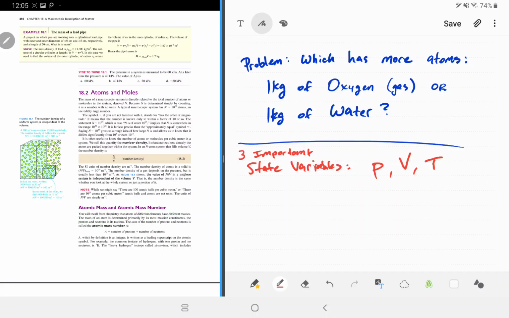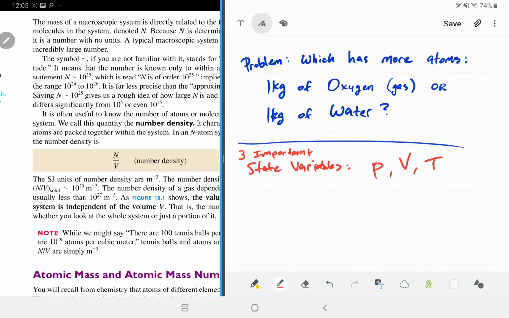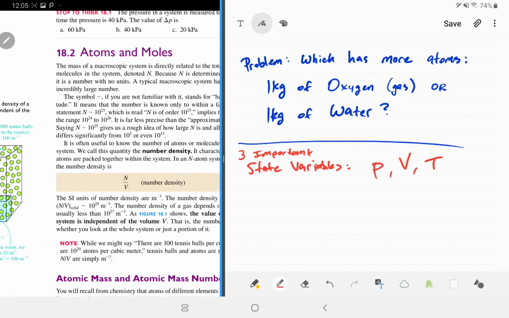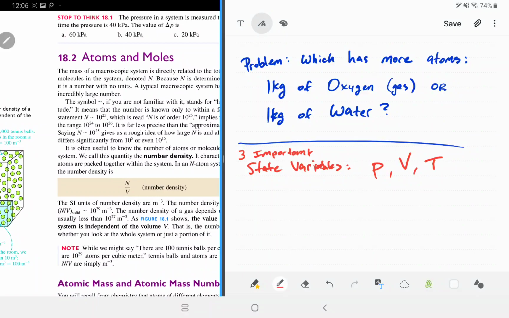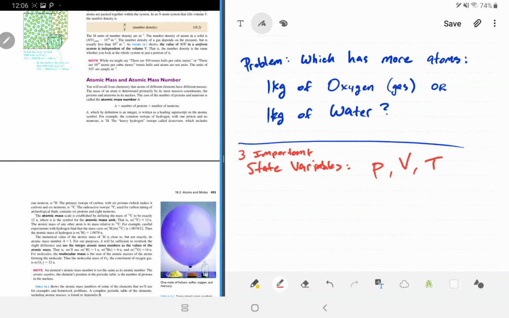So you can have something like 10 to the 23 atoms per cubic meter, 10 to the 28 atoms per cubic meter, just ridiculously large numbers. And notice how this isn't set equal to anything. We're not giving this a label because we're not going to use it too much. So notice how we didn't call this like lowercase n or anything. So right now, just be familiar that it exists.